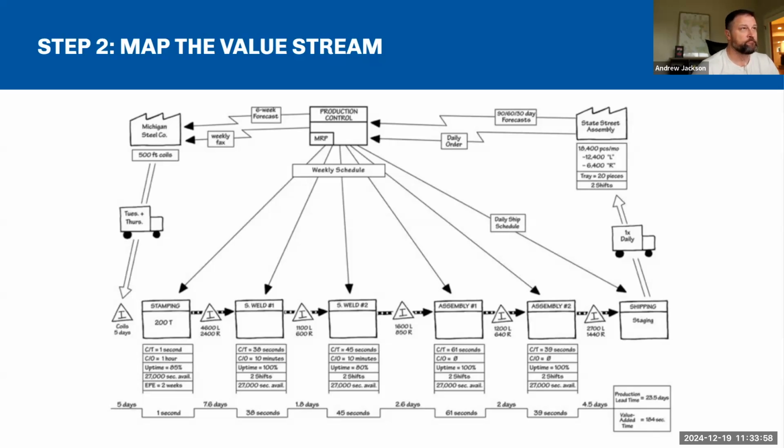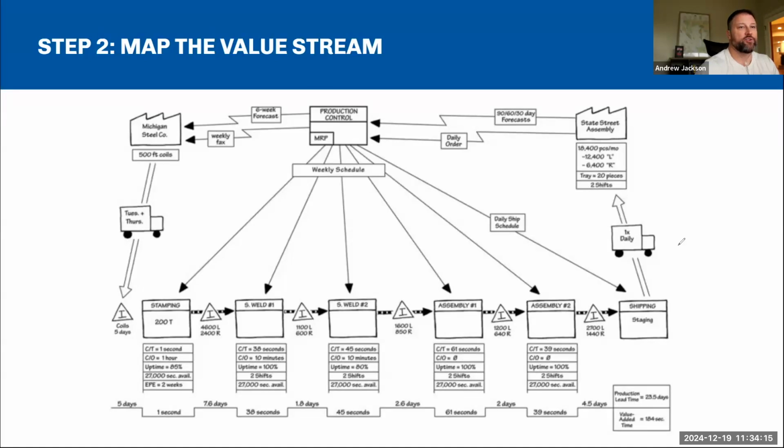So I am showing you the classic value stream picture just to give you a sense of what it looks like overall. We're going to very quickly go to a more relevant model. But the idea here is that it's a visual tool for helping to communicate how you deliver value to your customer.